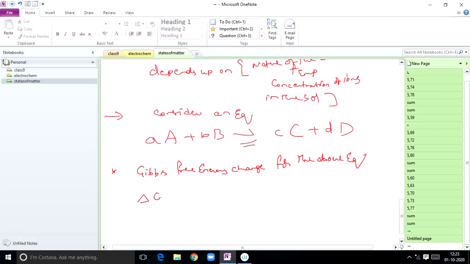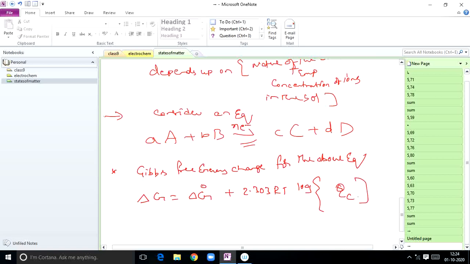Delta G is equal to, did you remember students this formula, delta G naught plus 2.303 RT into log of QC, where n electrons are transferred in the reaction.